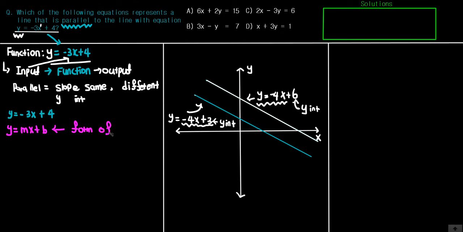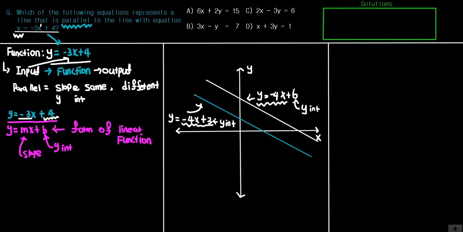In this function format, b is the y-intercept, and m is the slope of the function. If we apply this property to our function y is equal to negative 3x plus 4, the slope, which in this case is negative 3, should be the same, but the y-intercept should be different.